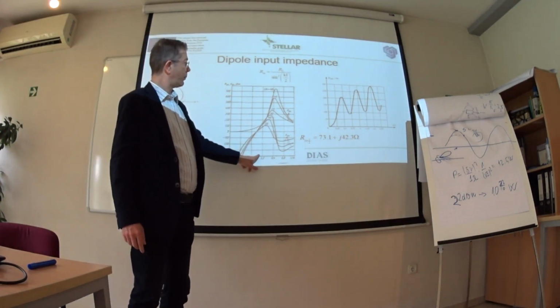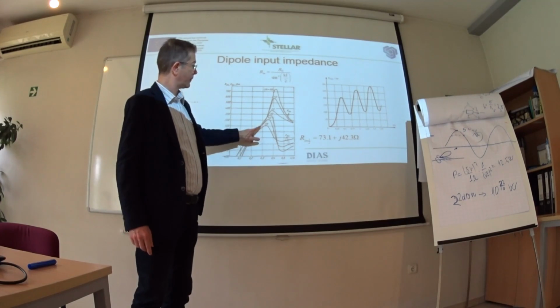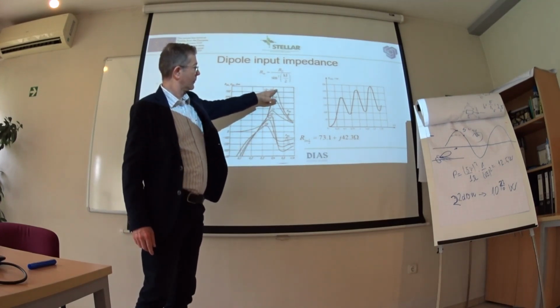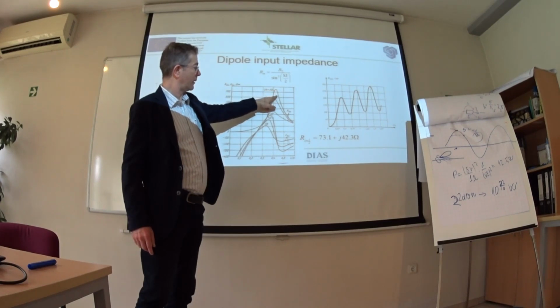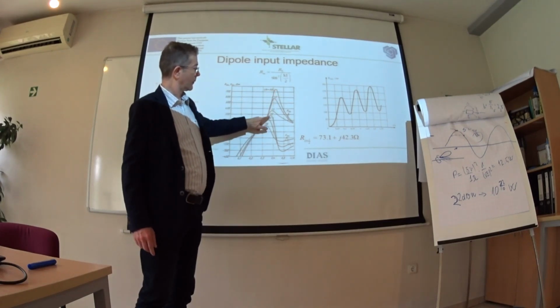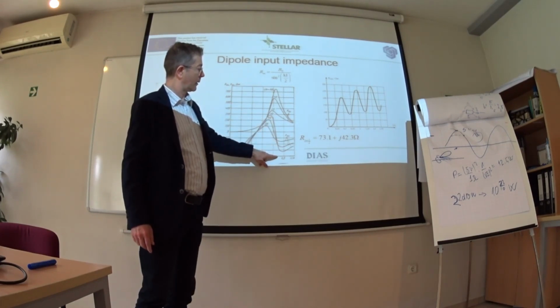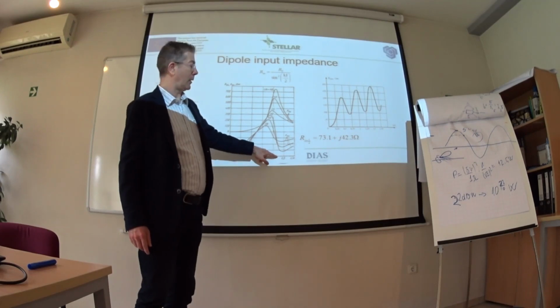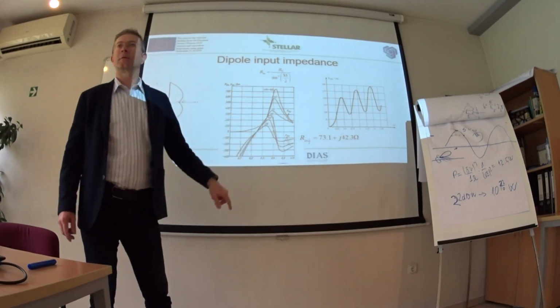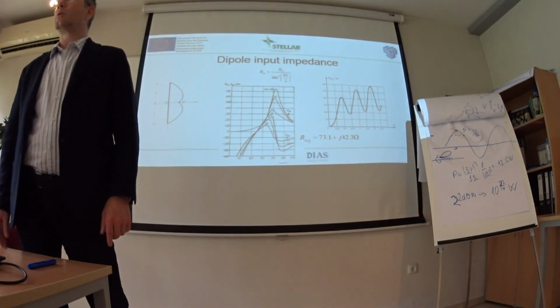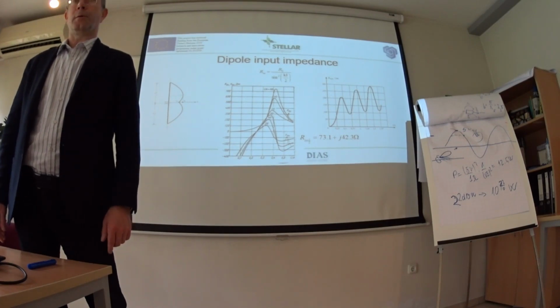And if we go up with the frequency, input impedance rises dramatically. The reactive component rises dramatically, and at almost a wavelength, we have a second null of the reactive component.